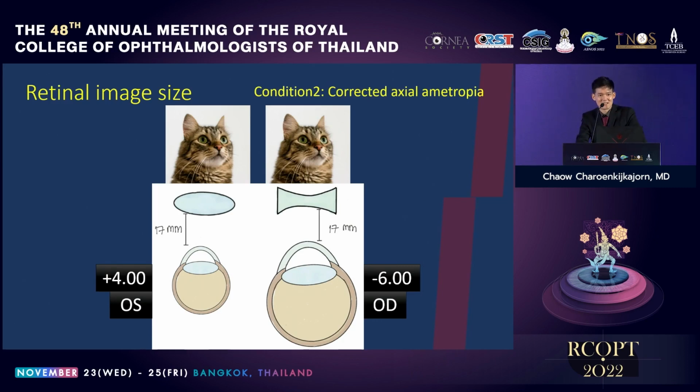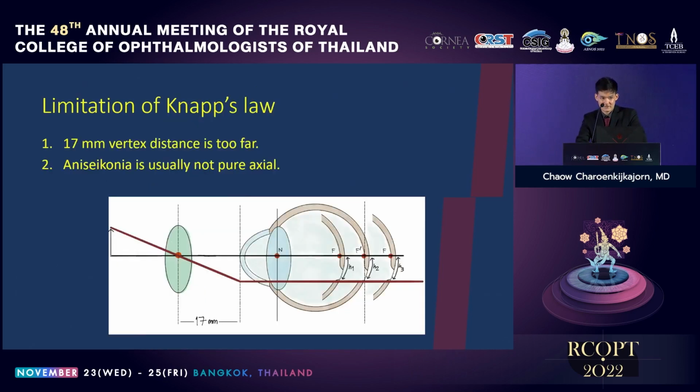In clinical practice, in reality, there are 2 limitations of this law. The first is that a 17 millimeter vertex distance is a little too far. Imagine you have to place spectacles 17 millimeters in front of your face, while normally the average vertex distance for spectacles is around 12 millimeters.